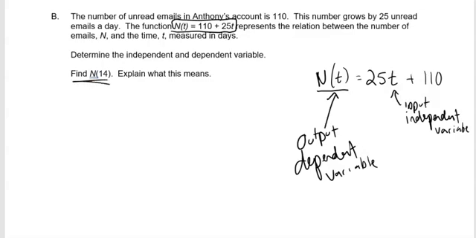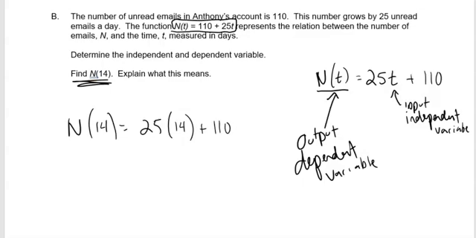And that's what we want to do, be able to interpret these mathematical models, right? Not just do the math, but understand what they mean. So what's n of 14 mean? Well, first let's do the math. n of 14 equals 25 times 14 plus 110. Okay, so maybe I go to my calculator to figure out what 25 times 14 is, and then I add 110 to it.